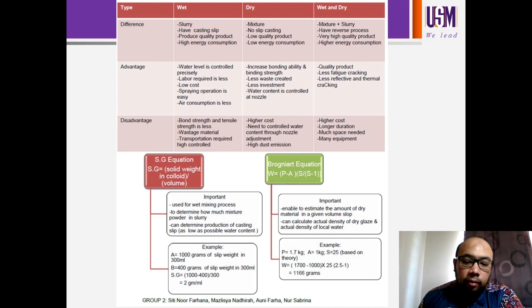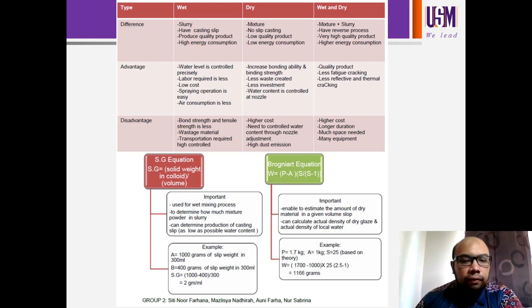And for the Brogniart equation, you can identify or estimate the amount of dry material in a given volume of slip. Actually not slope, it is slip.